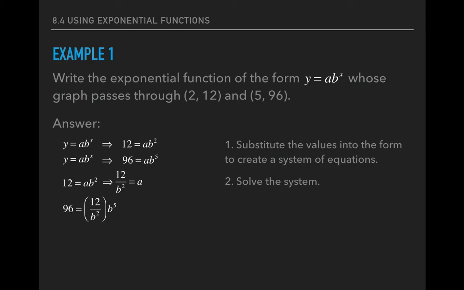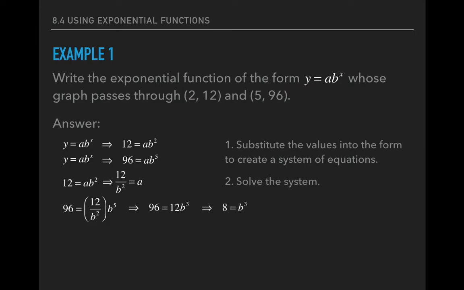So now it's 96 equals 12 over b squared times b to the 5th. That's substituting into the second equation. We can simplify that. It would be 96 equals 12 times b to the 3rd, using our properties of exponents.